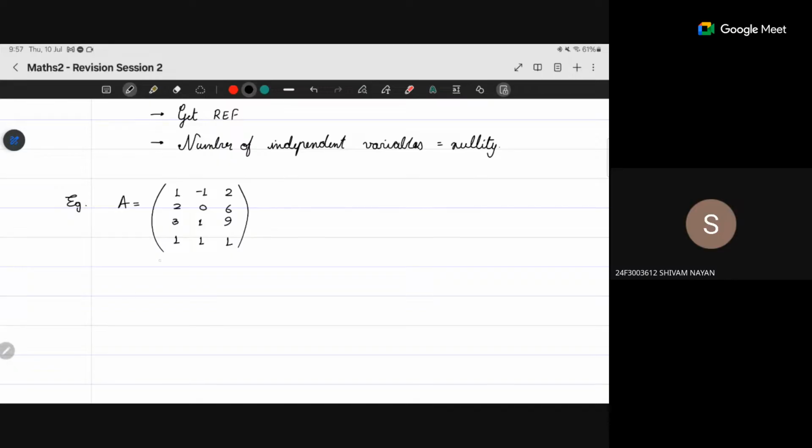So what is the REF of this? Just do the calculations with me and let me know if there's any error.